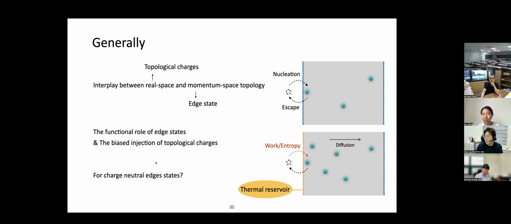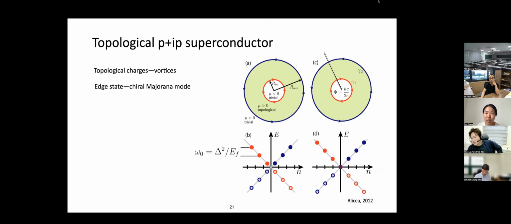And if we connect the edge to a thermal reservoir, because the edge is gapless, it will quickly equilibrate with the thermal reservoir, but not the bulk. So there might be an entropy or heat effect that can play a similar role as the work in our last example. So for this, we consider a topological p plus ip superconductor, where the topological charges are vortices, and the edge state is the Majorana mode.